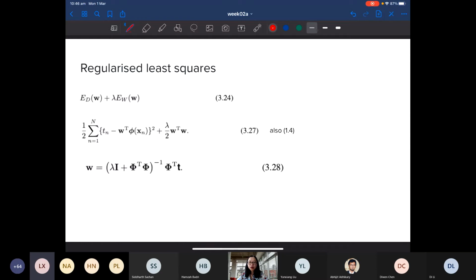We didn't solve for W, but if we follow the MLE recipe, we will get a variant of the normal equation.